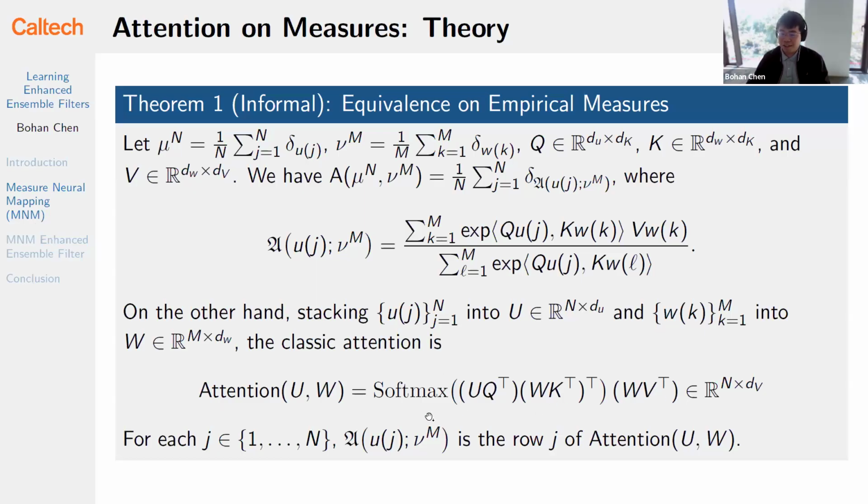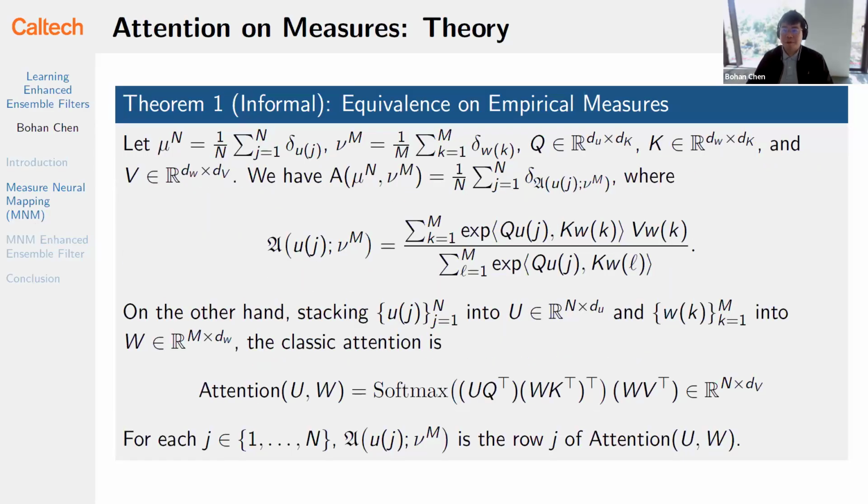And we have the equivalence that the j-th sample of the output empirical measure is exactly the rho_j of the classic attention defined by these 2 matrices, given that Q, K, and V are the same. The key thing here is that the softmax can be treated as an exponential average, which is explicitly written in here.